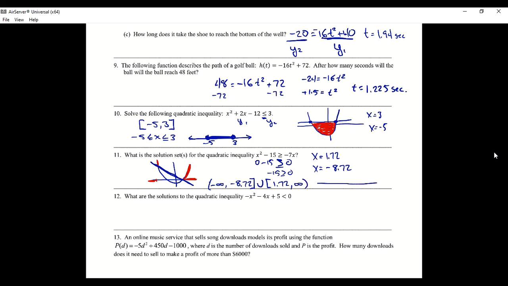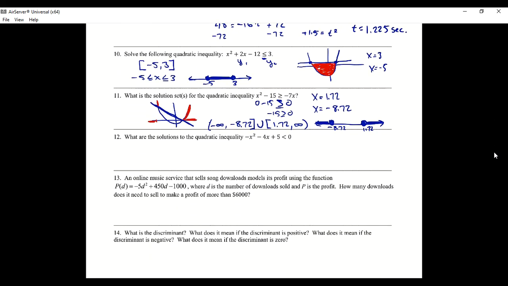And on the number line, -8.72, 1.72, closed circles again for equal to's, but this time outside. All right, we're getting there.